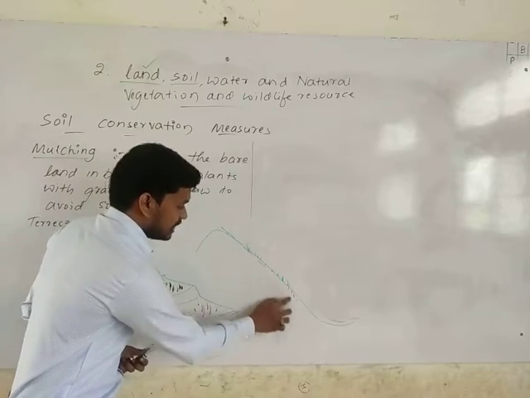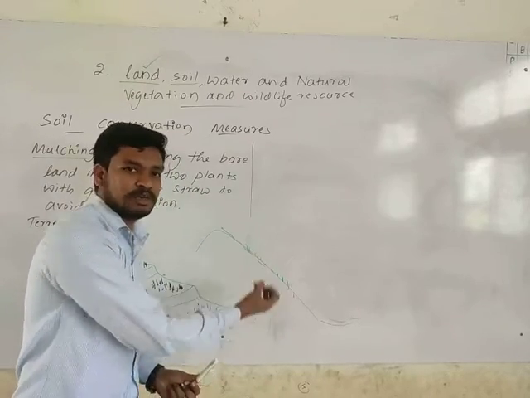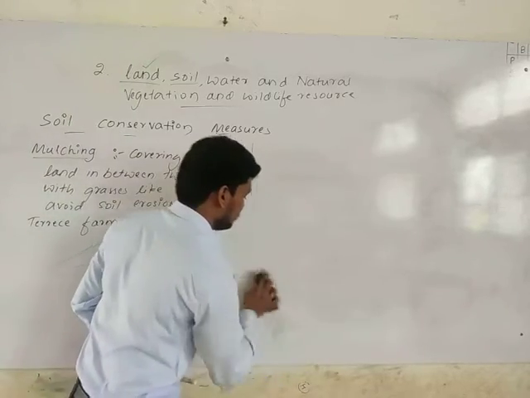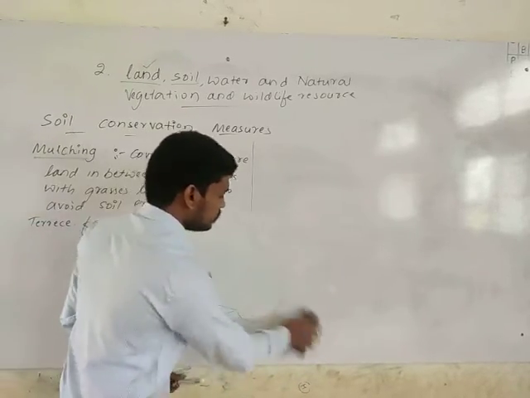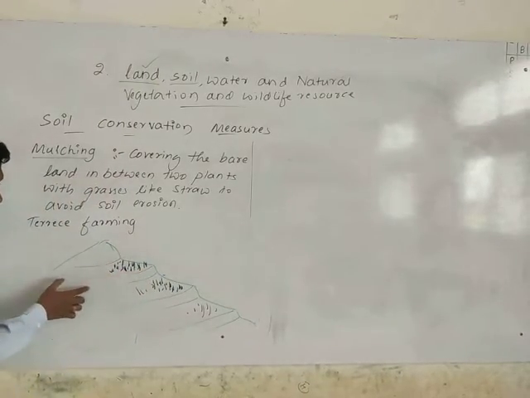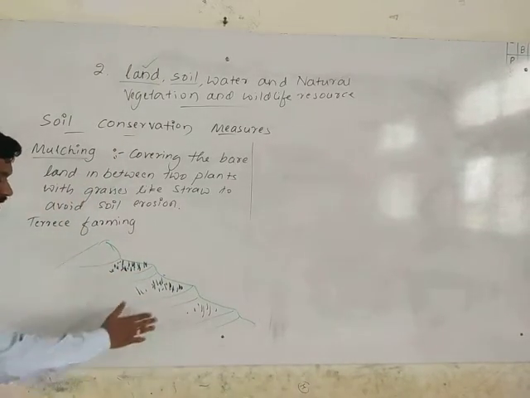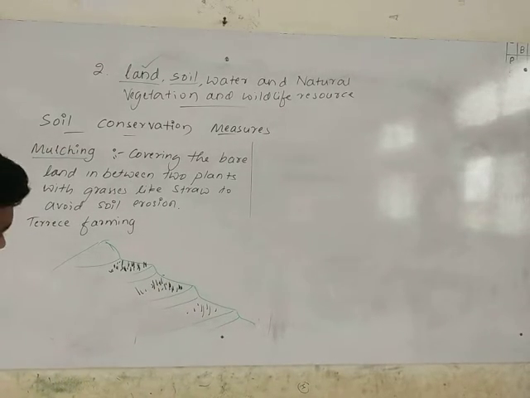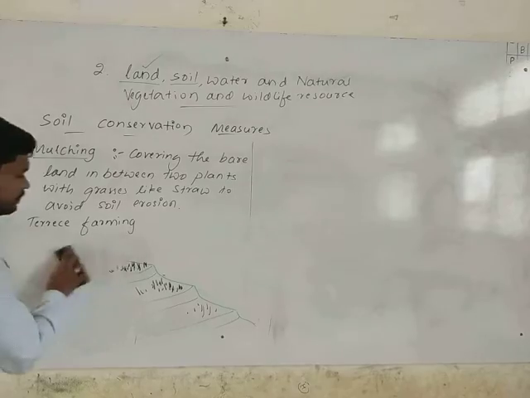So these plants will not get fertile soil to grow, isn't it? It will not be suitable for growing crops there. For that reason, to avoid soil erosion in the sloping areas, a flat surface is created like this to grow the crops. It's called terrace farming.